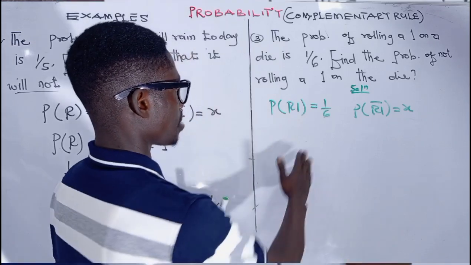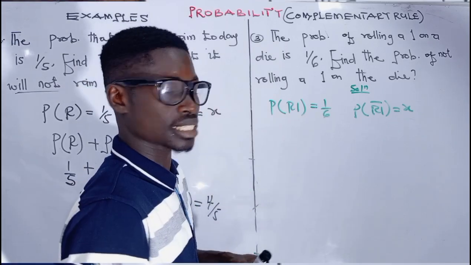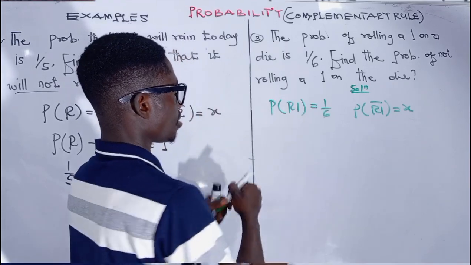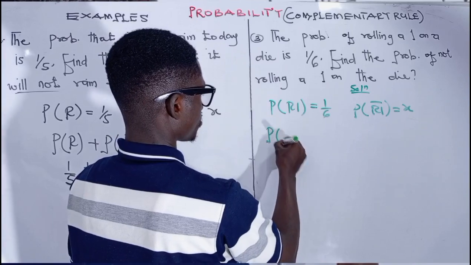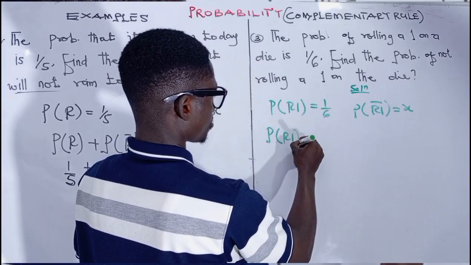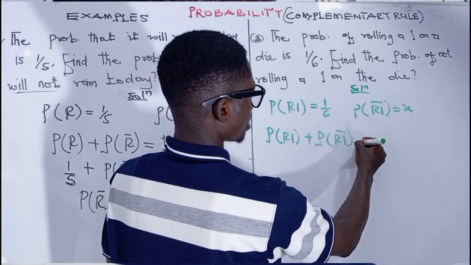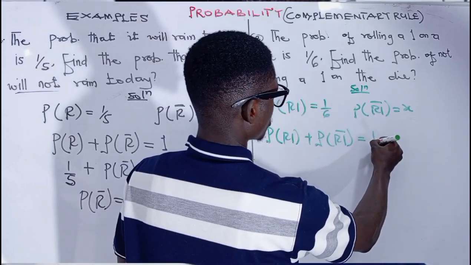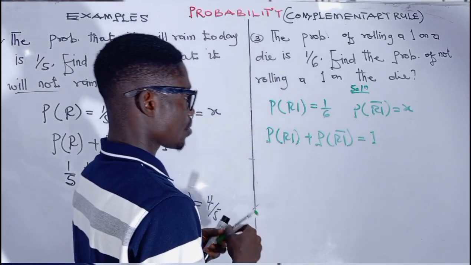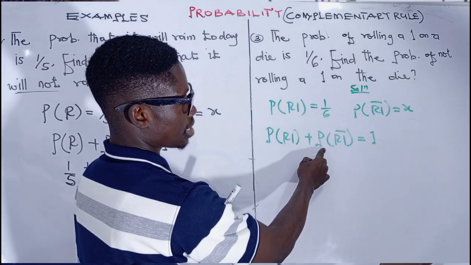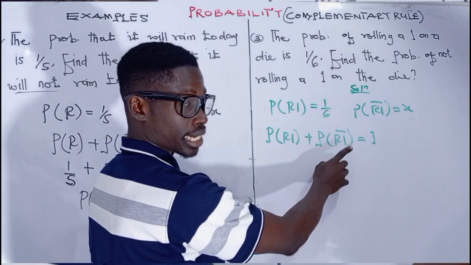And we have just learned that the probability of an event occurring plus the probability of that event not occurring must give us what? 1. We are looking for the probability of not rolling a 1 on the die.